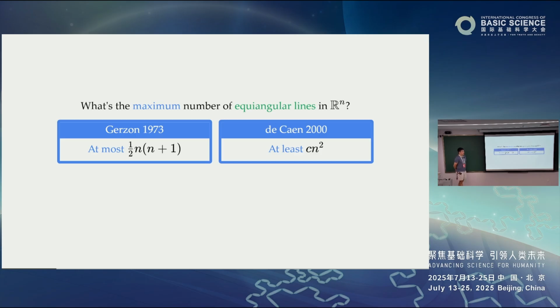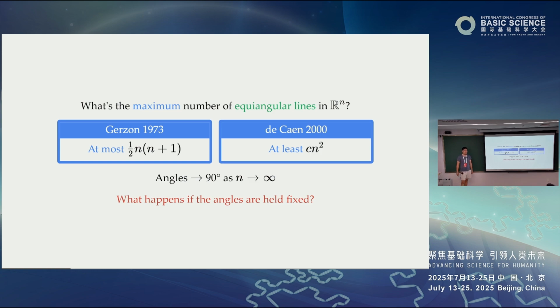If you look at these constructions, you quickly realize that as the dimension grows and you try to saturate this quadratic bound, the angles between those lines tend to 90 degrees. So here's a natural question you could ask: what happens if you fix the angle between the lines?